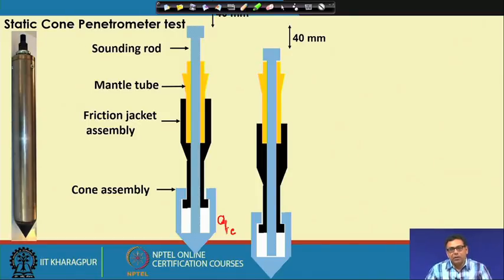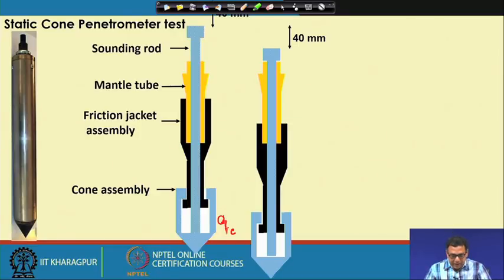Here the friction jacket and cone are both pushed into the ground. The resistance I get is the total resistance. So, for the initial stage I get the cone resistance, next I get the total resistance. If I subtract the cone resistance from the total resistance, I will get the frictional resistance.